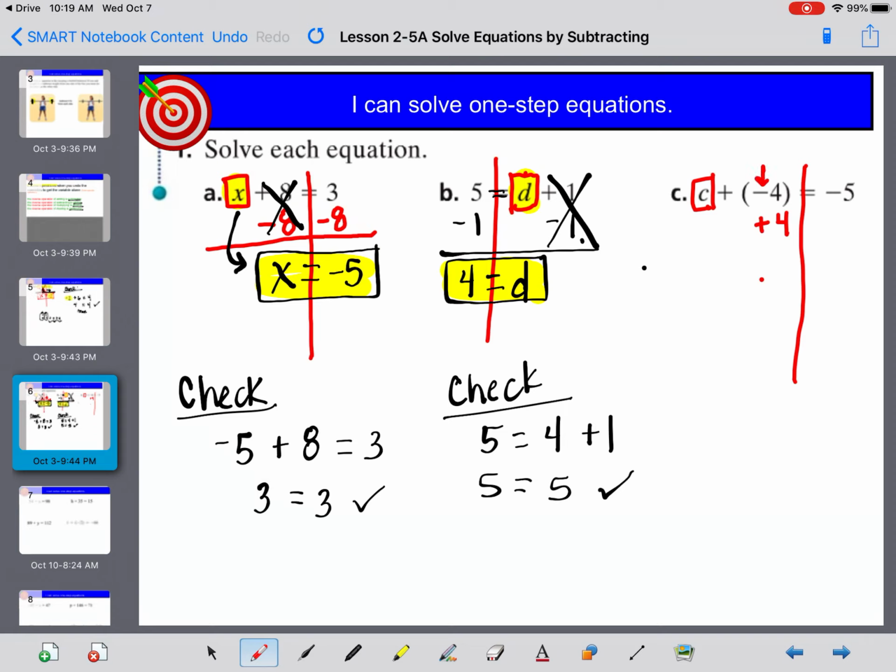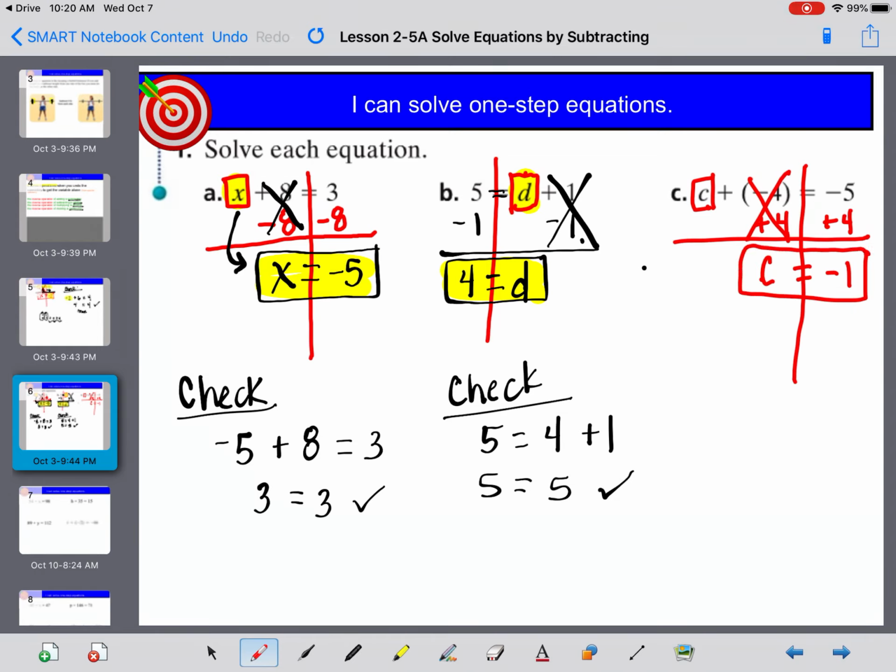Whatever the sign is before the number, in this case it's negative or minus, you are going to add. So I'm going to add 4 to the other side. And so this equals -4 plus 4. Those are opposites. That equals 0. I am left with c on the left-hand side. On the right-hand side, I have -5 plus 4, which equals -1.